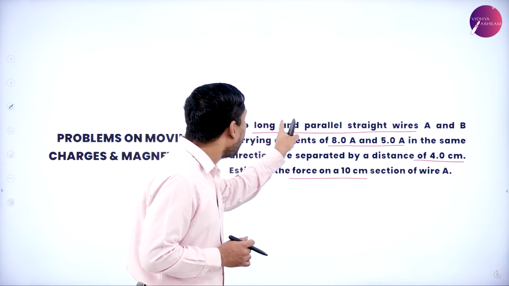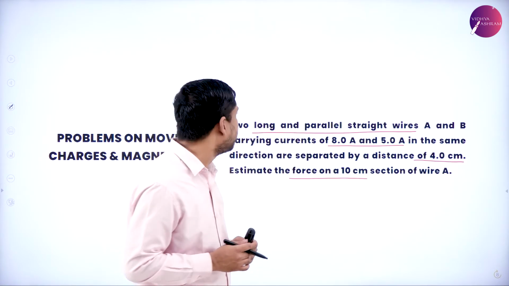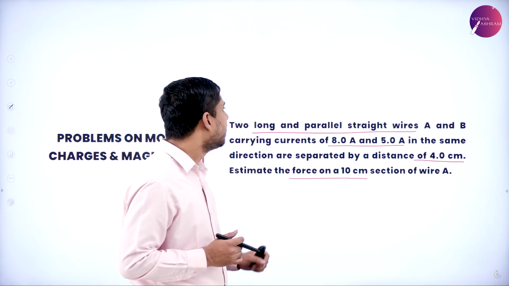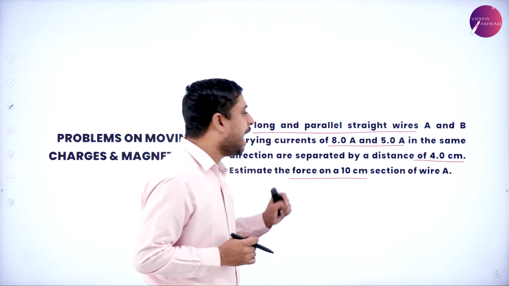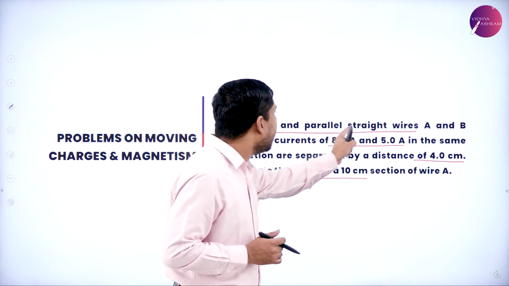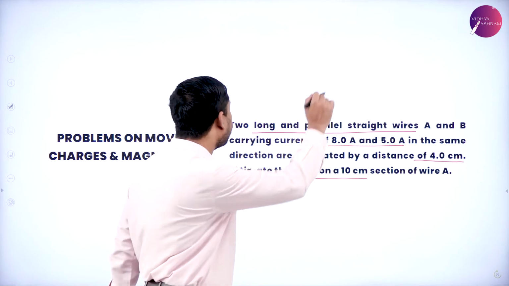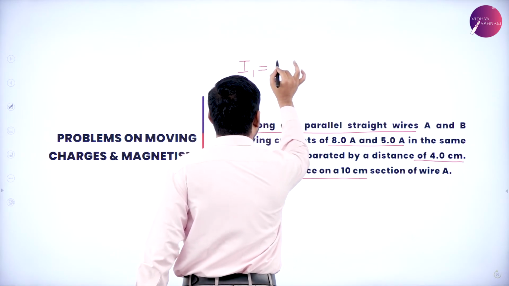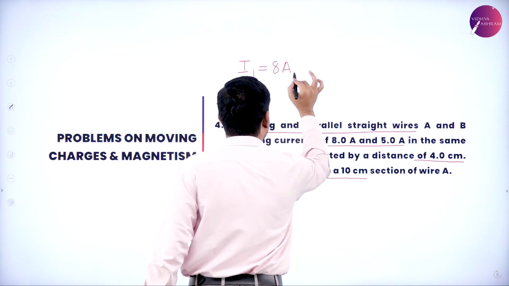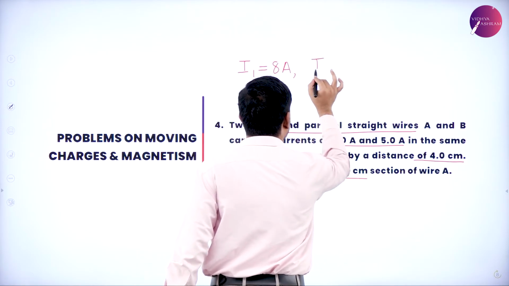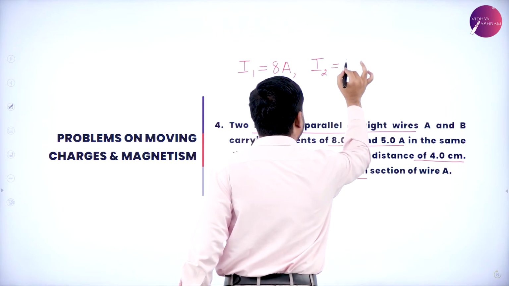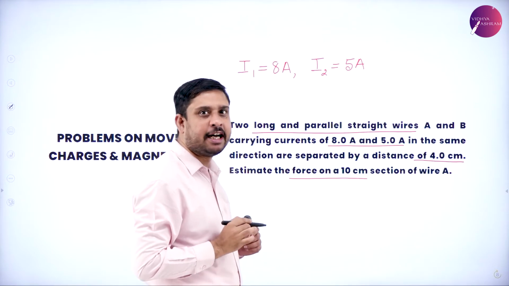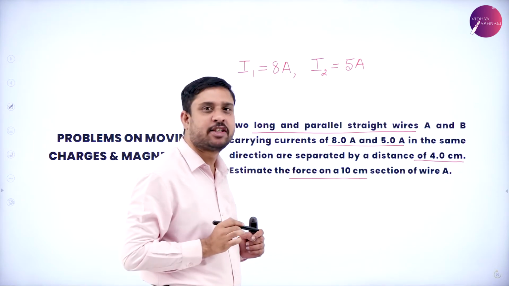Two long and parallel straight wires, A and B, carry currents 8 ampere and 5 ampere. So I1 is given to be 8 ampere, I2 is given to be 5 ampere, in the same direction.